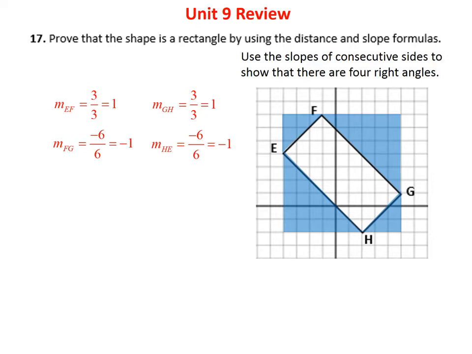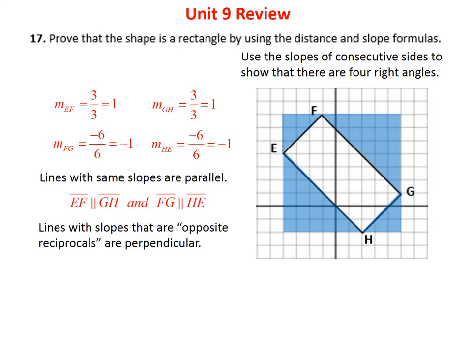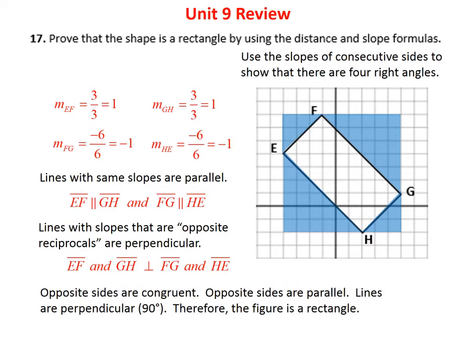But are they perpendicular? To be perpendicular, the two slopes have to be opposite reciprocals, or one way to show that is to multiply them together and see if you get -1. So the slopes are parallel, but I also want to see that they are opposite reciprocals.